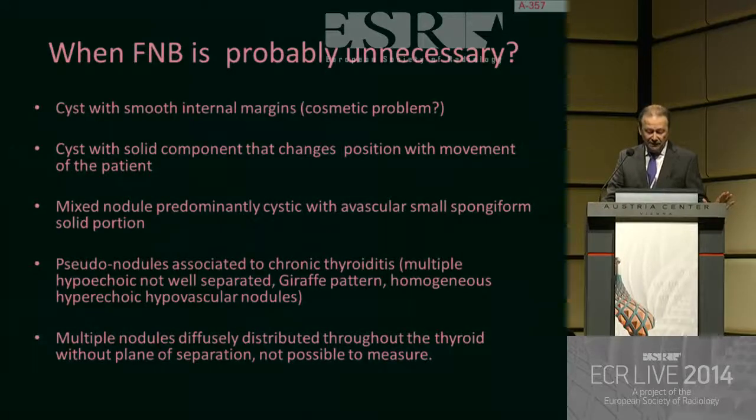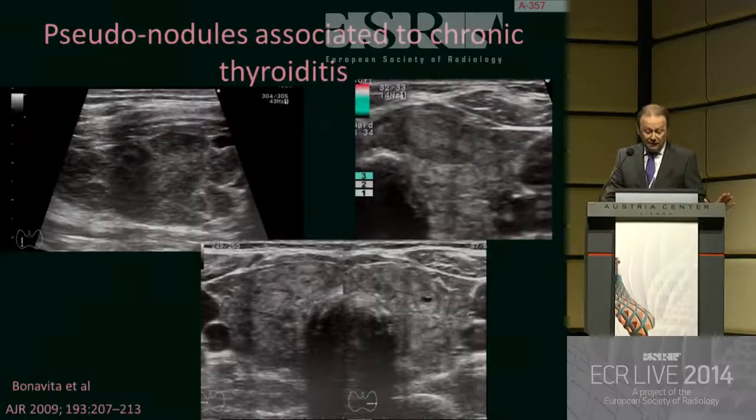Multiple nodules diffusely distributed throughout the thyroid without plane of separation, not possible to measure, it is probably not necessary to do FNB. These are examples of pseudonodules associated to chronic thyroiditis. Here you see the more frequent pattern with these multiple hypoechoic pseudonodules.